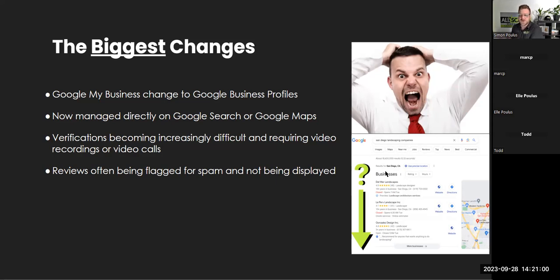Where is their IP address when they wrote it? Can we see anything where that person has checked in anywhere near the location of the business they're leaving a review on? Because with the rise of the lead generation companies, we also saw a huge amount of fake reviews as well.